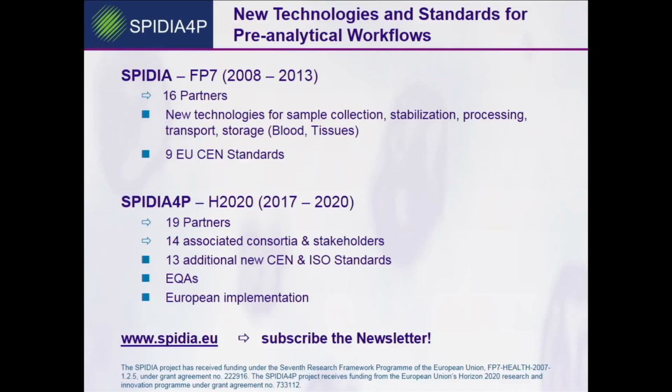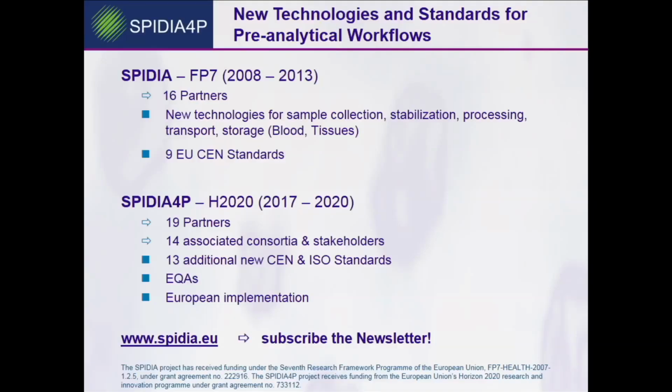So 16 partners from academia and industry worked together with the European Committee for Standardization on 2 topics: to develop new technologies that preserve the samples and prevent the changes for blood and tissues, and for the first time ever to develop new standards for pre-analytical workflows for implementation in the European countries. And I will come back to this with more details during my presentation.